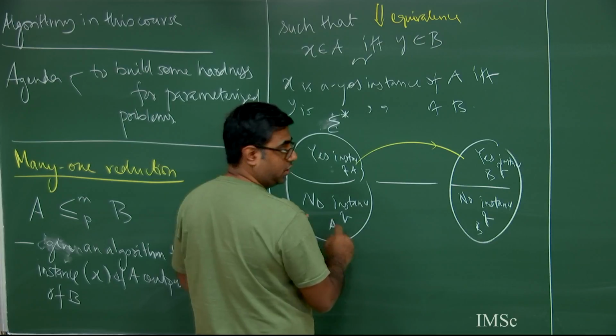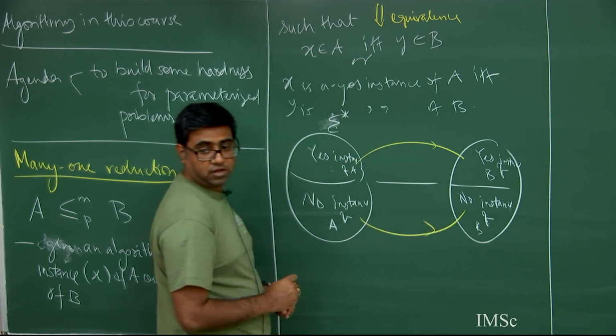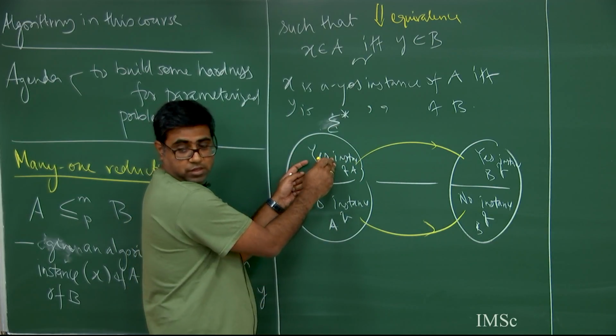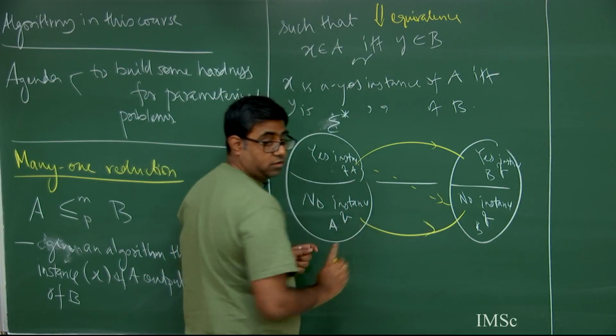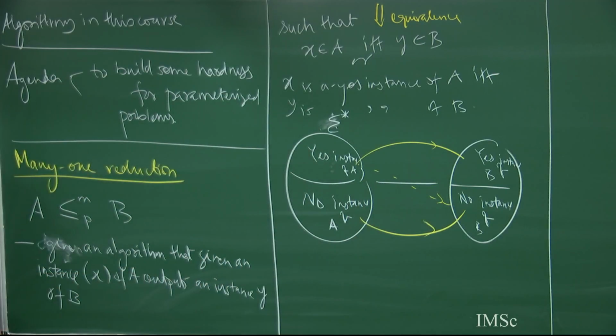If you give me an instance here, it maps here. It's not that given an instance here, I map it here. This does not happen. Okay, and how much time is this algorithm allowed to take?